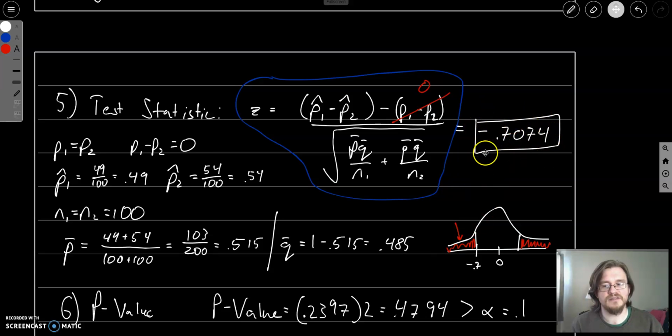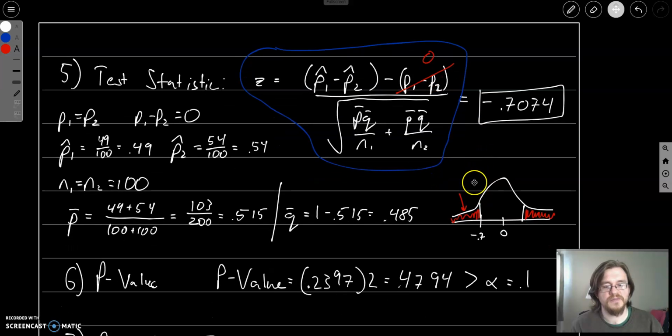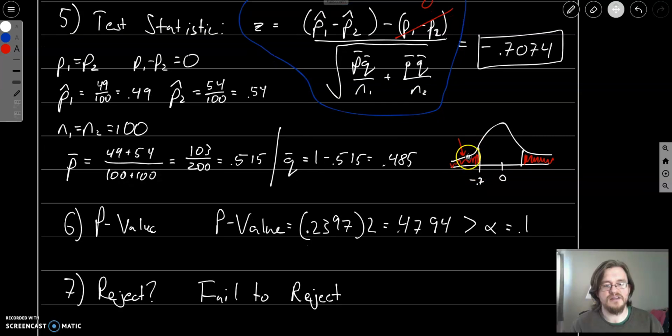So our final z-score, the test statistic here, is negative 0.7074, and the area to the left of negative 0.7074 was 0.2397. But multiplying this by 2, because we have a two-tailed test, we get 0.4794, which is bigger than our alpha.